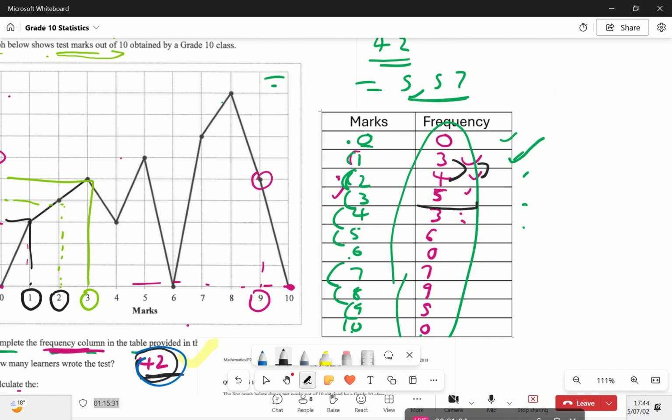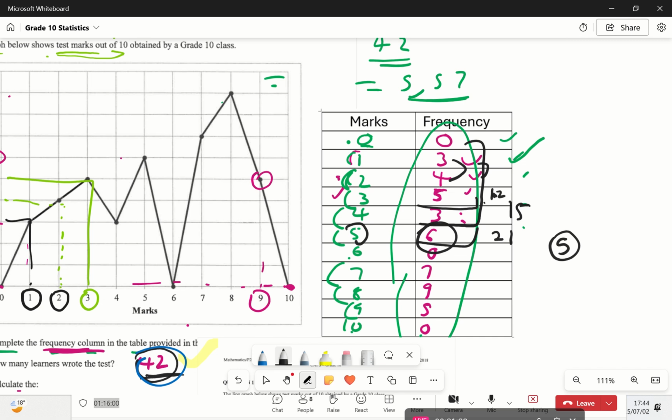Until here, it's 7 plus 5, which is 12. Plus 3, this whole thing is 15. Plus 6 gives you 21. So that means the 20th mark will be 5. Then the 21st mark would also be 5 as well, because it belongs to this group. You guys see that?